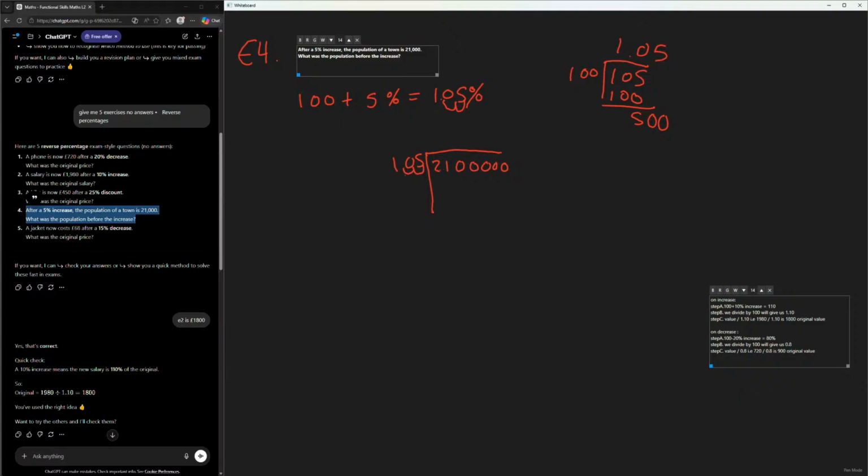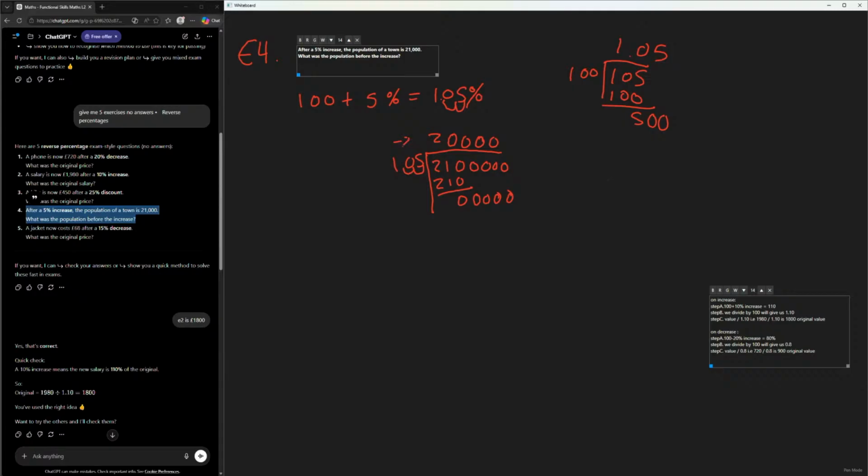And then 2 times this is 210. And then we bring down the 0 and we say how many times this is going to fit there. 0, then another 0, then another 0, and then another 0. So this is going to be the original price.